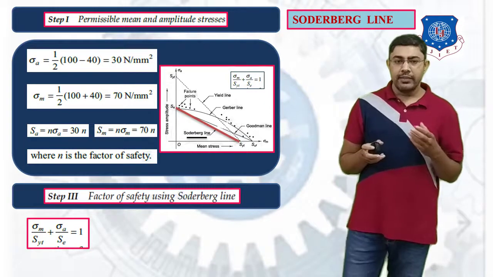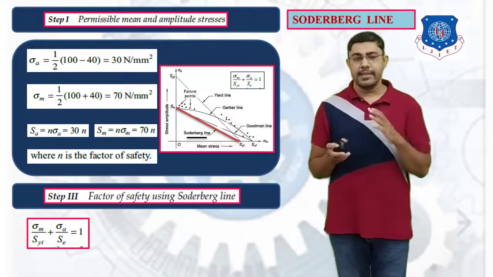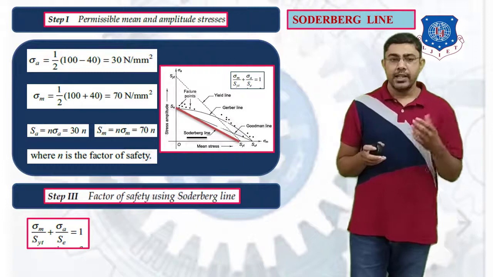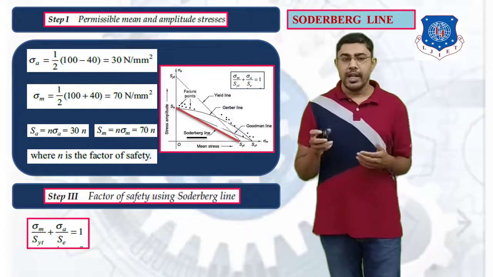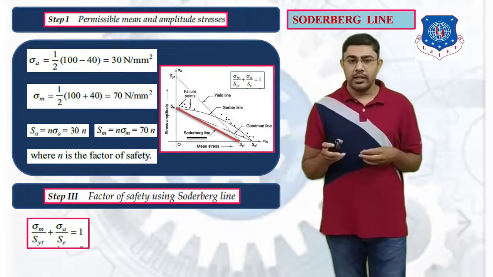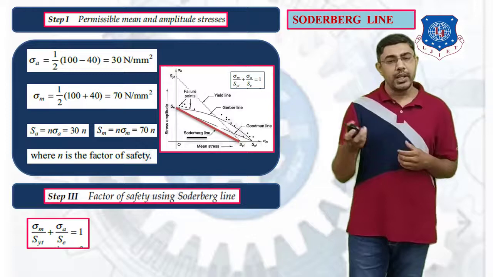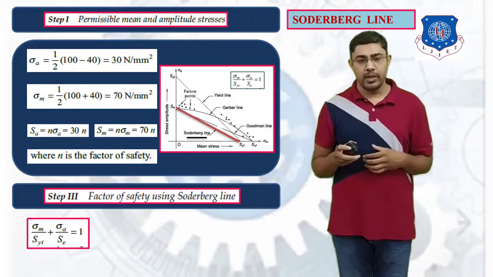Here the values of SM and SA are equal in form. The value of SM or sigma M is equal to 70 and the value of sigma A or SA is equal to 30 n. SYT is given as 450 Newton per mm square and SE is given as 270 Newton per mm square.